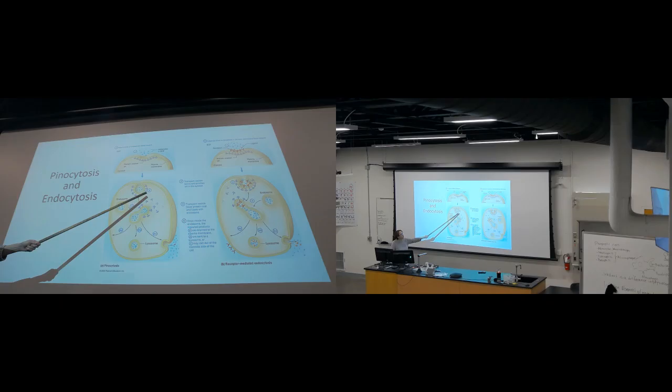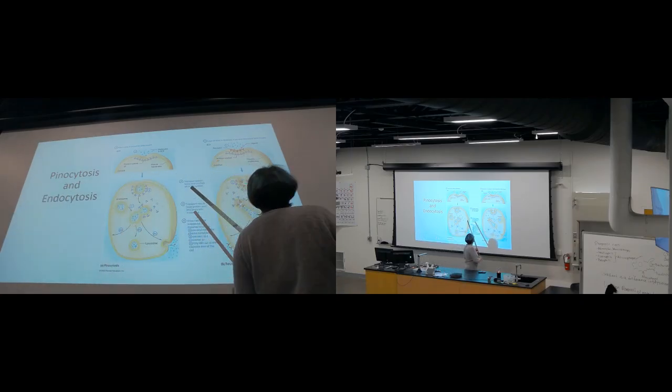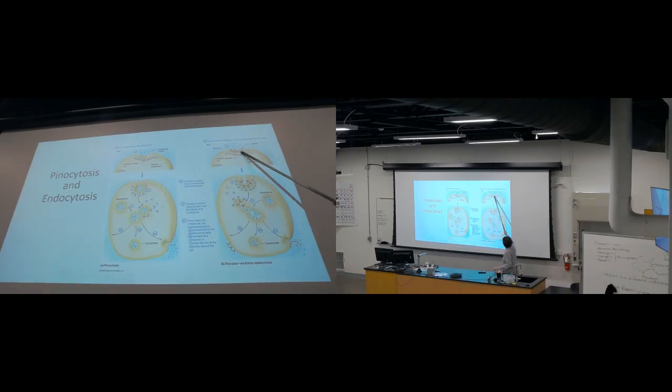Then you get rid of these proteins, recycle them, put them back, and then whatever liquid you had here or molecules that may be bad, you join them with this endosome, with this lysosome, you break it down, and then you extrude whatever is not needed. So this is pinocytosis.